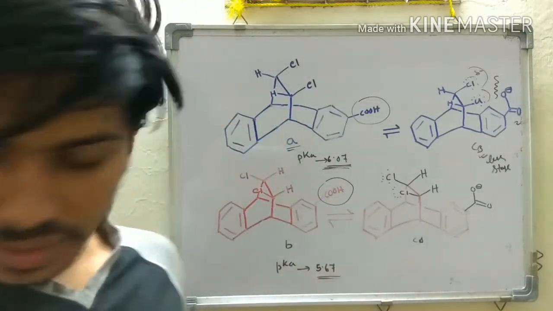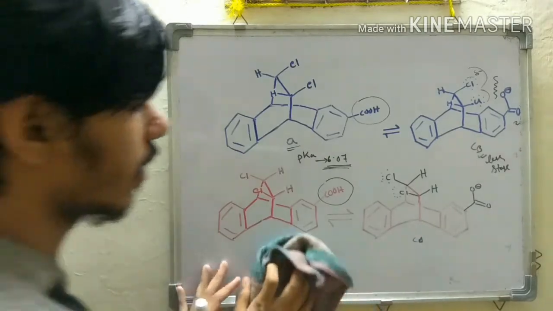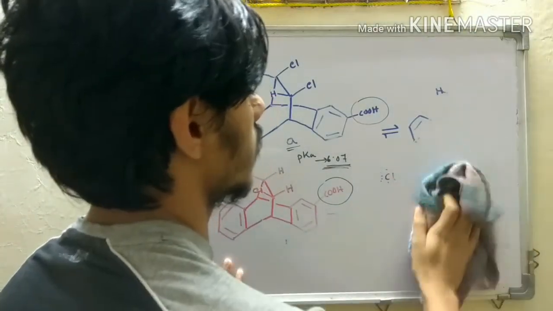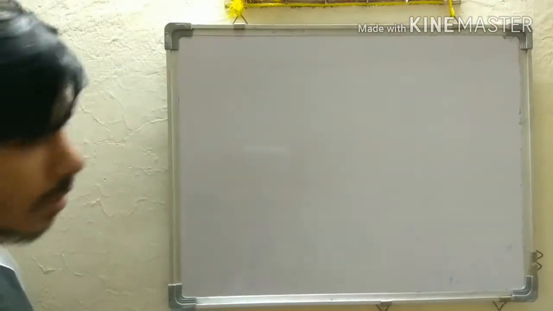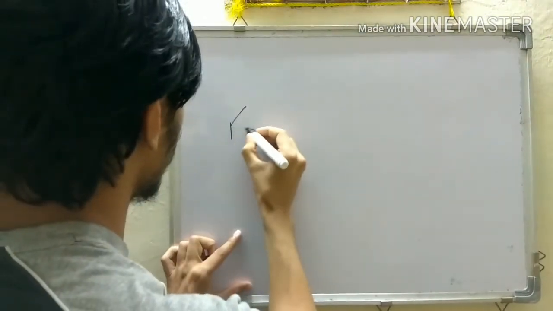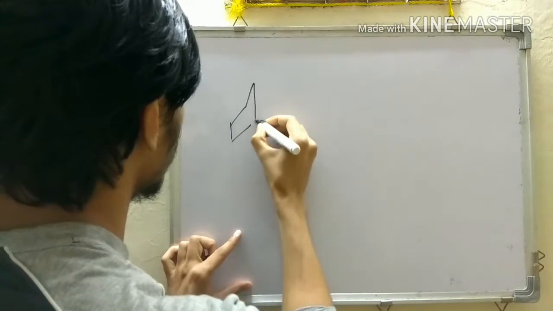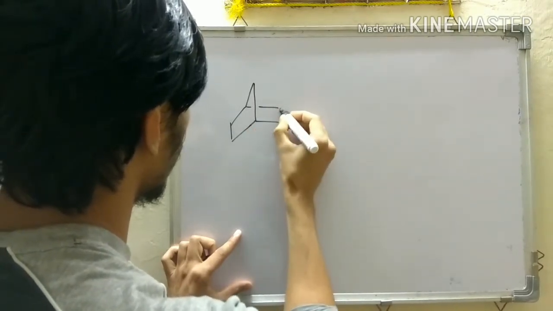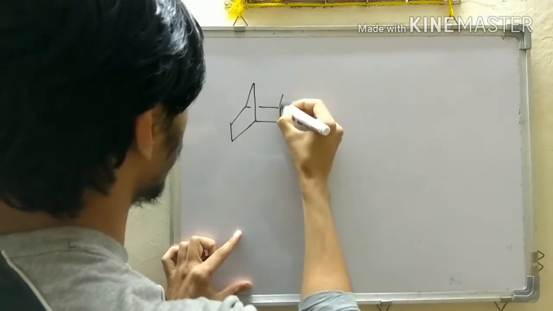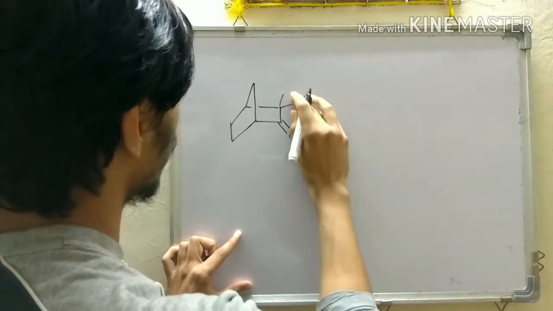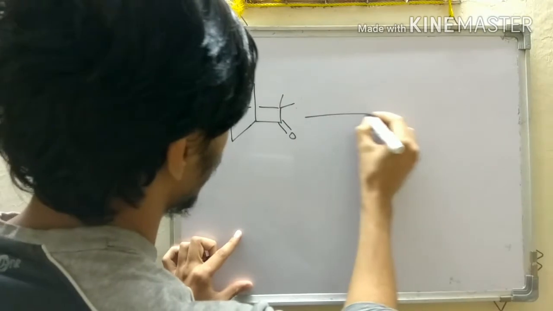So this is one example, and another good example of this same kind of effect is this molecule. Let's say you have this molecule where you have a carbonyl group here, two methyl groups are there.